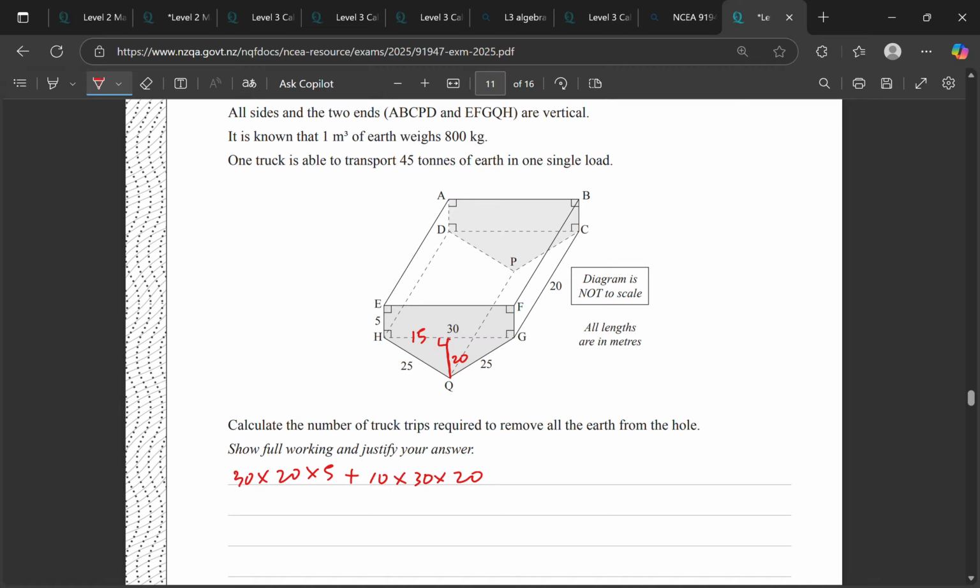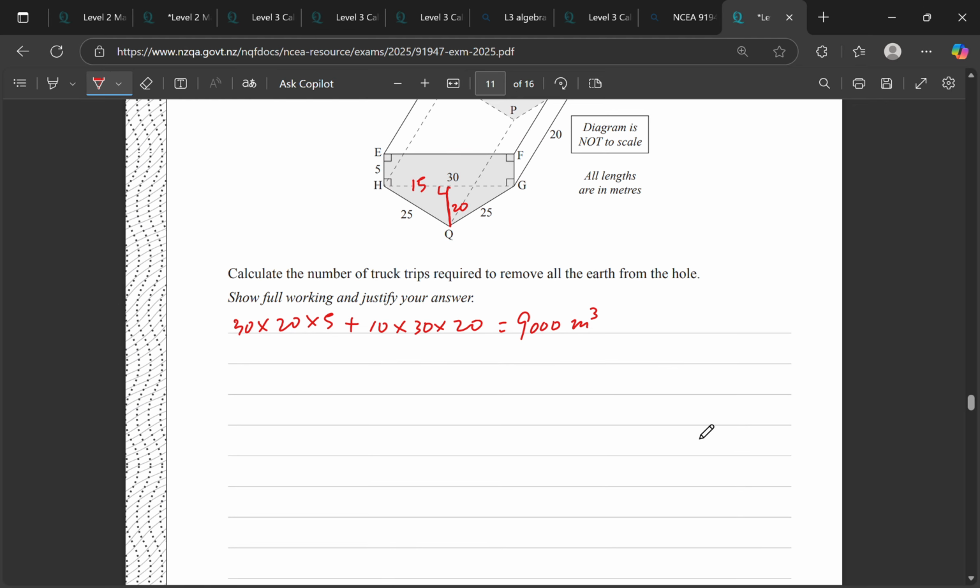So 10 is half of 20, so that's how I get the 10, times by base 30, and then times by depth, which is 20, right. That gives me a total of 9,000 cubic meters.